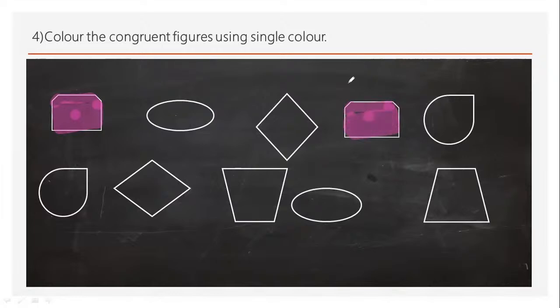Then for that, I will use light blue, boys' color, right? The oval, two ovals here, they are congruent figures. Green. I will use same figures, same colors. Yeah, these two are congruent.